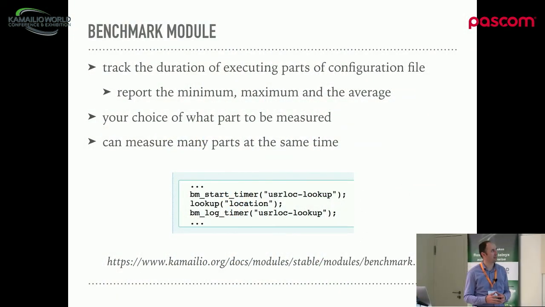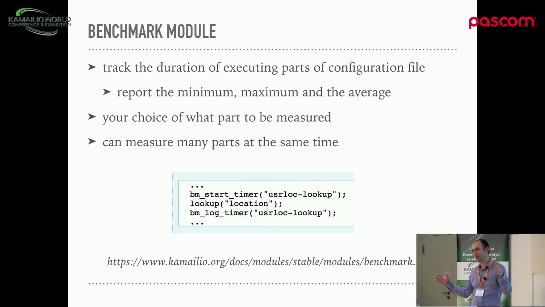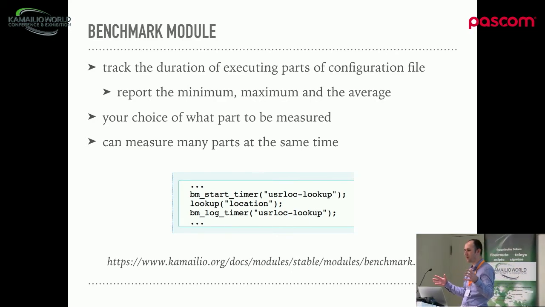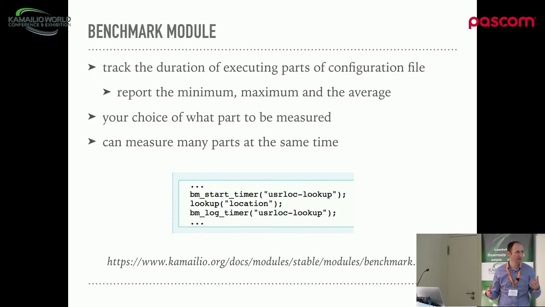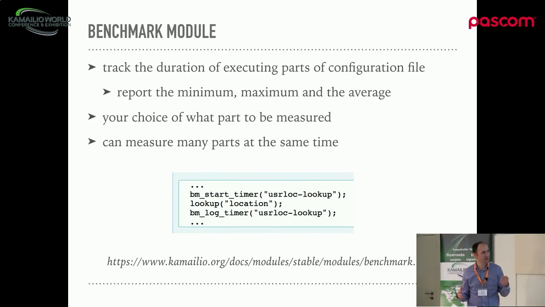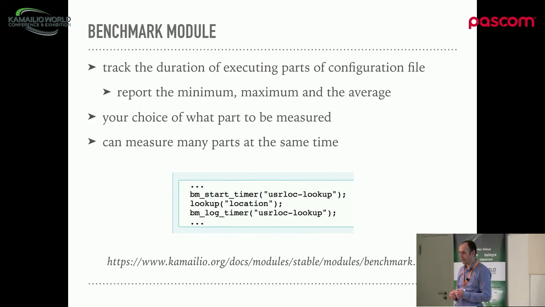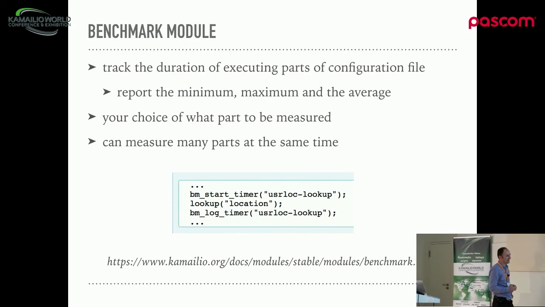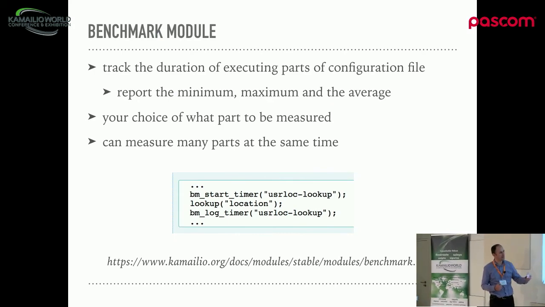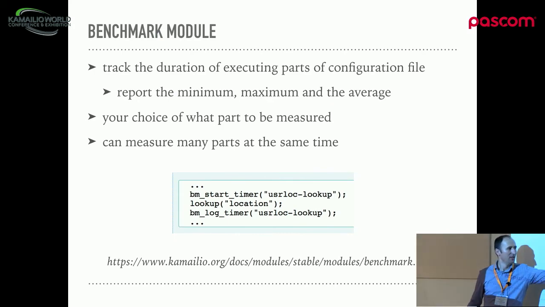But then we have a dedicated module where you can enclose which part of your config file you want to track into two actions or functions like bm_start_timer and bm_log_timer. You can use as many timer tracking IDs. So here we want to know how long it takes to execute the lookup location.